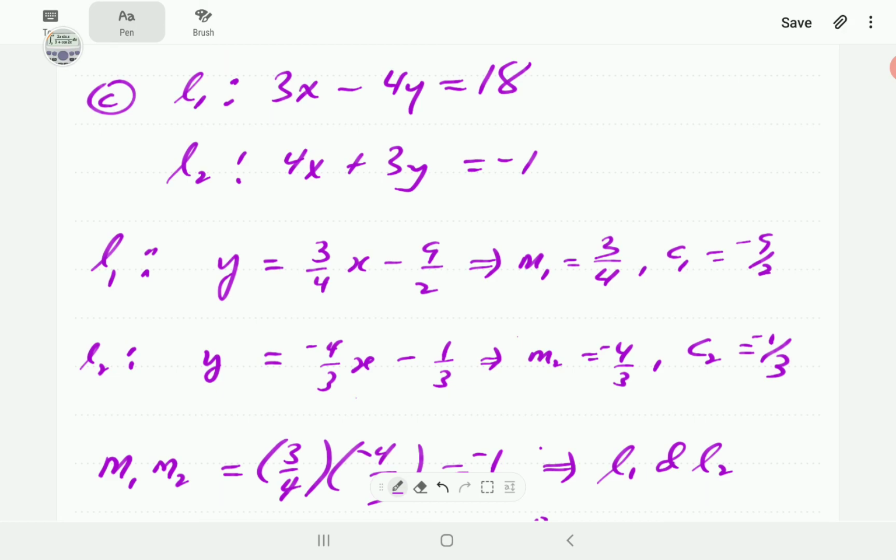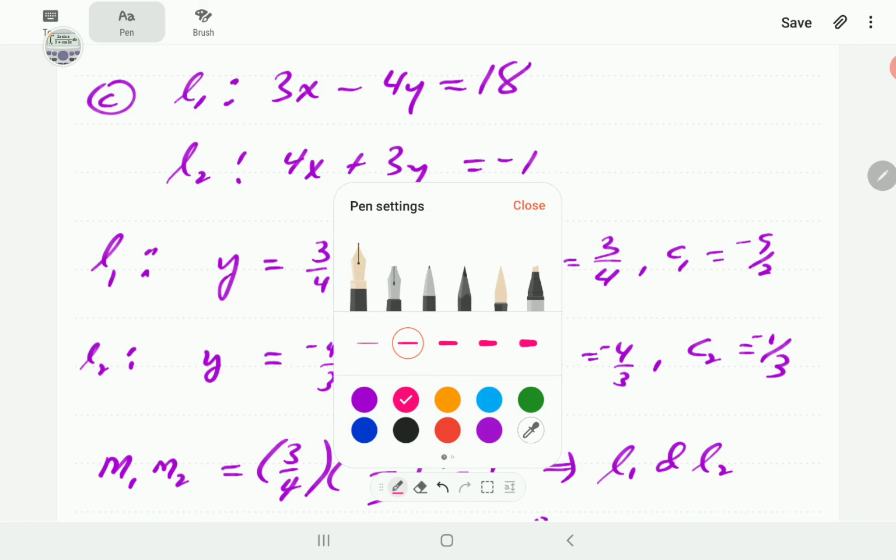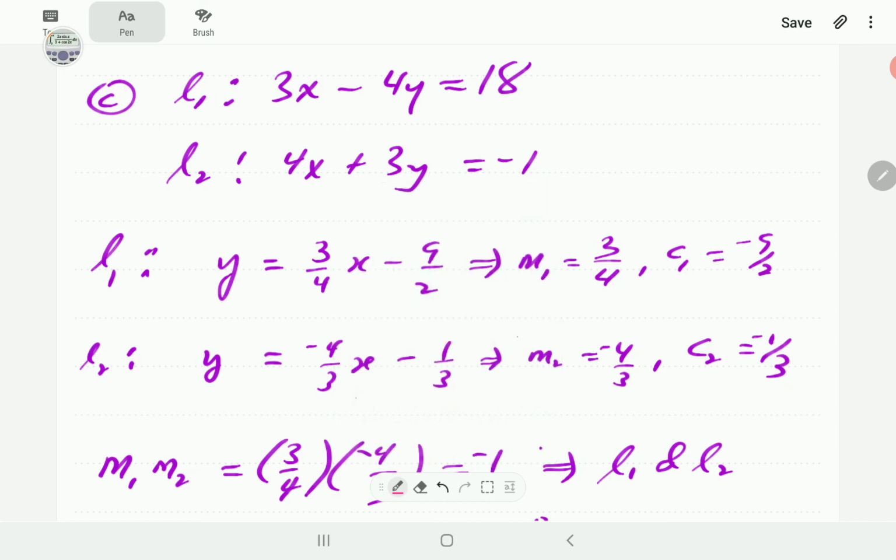Because we have already made y the subject of the formula, or maybe this time we're going to use the method of elimination.